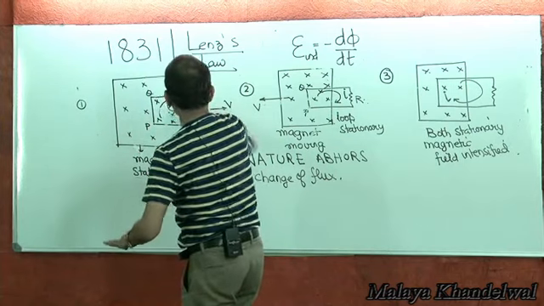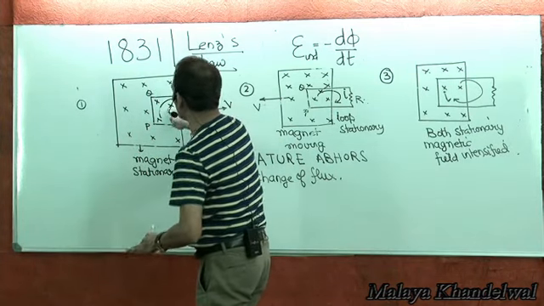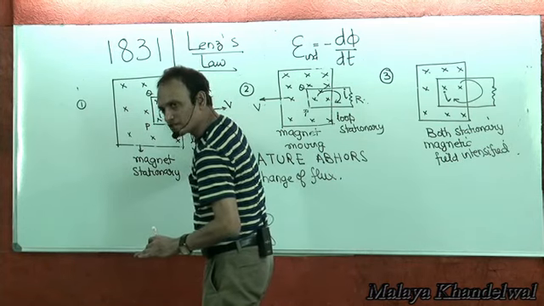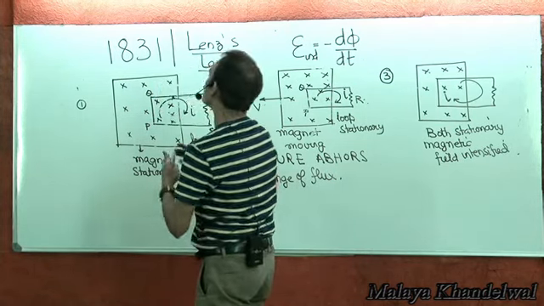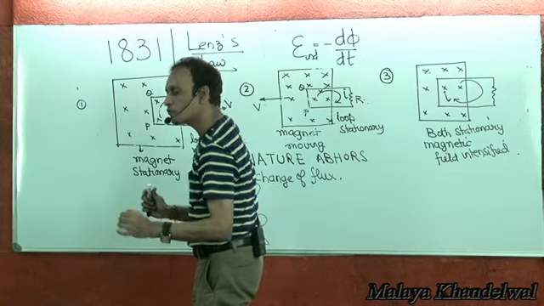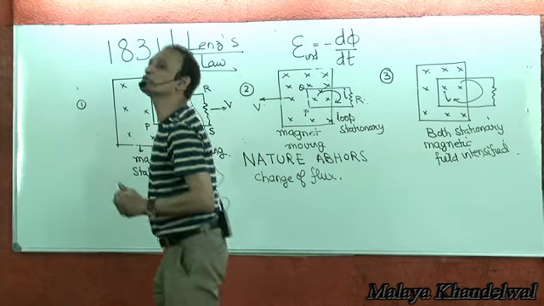When this moves to the right, the total flux associated with this loop will decrease, because this area is decreasing. So the total flux associated with the loop is going to decrease, which means the direction of the induced EMF and the direction of the induced current would be such as to oppose this.